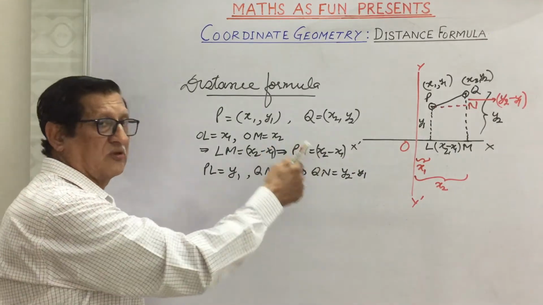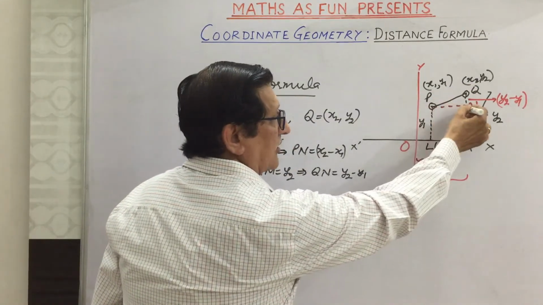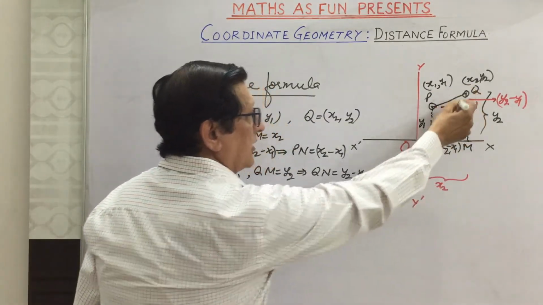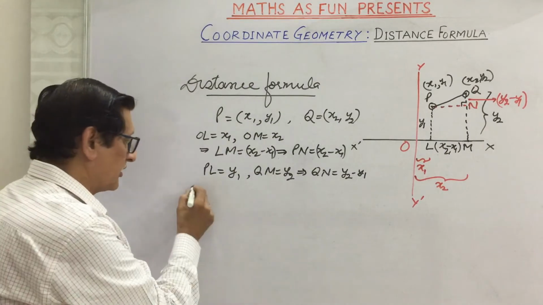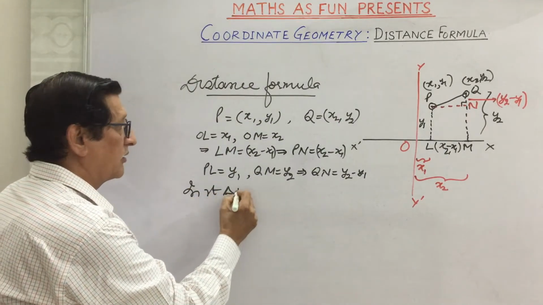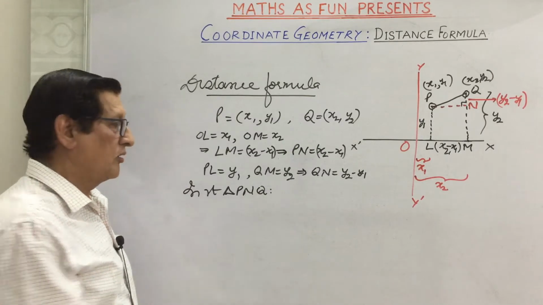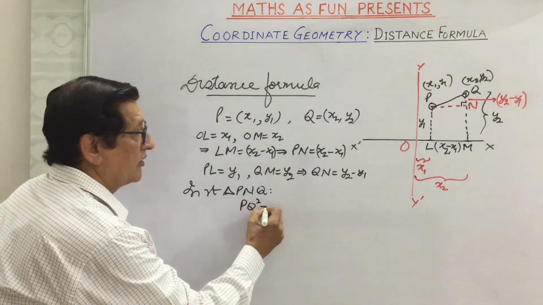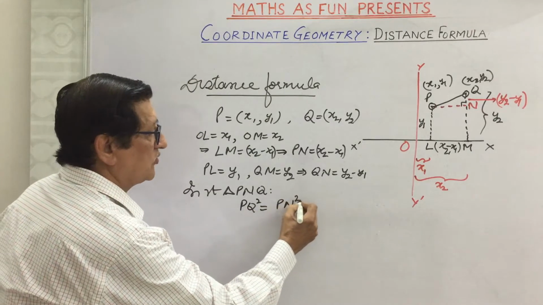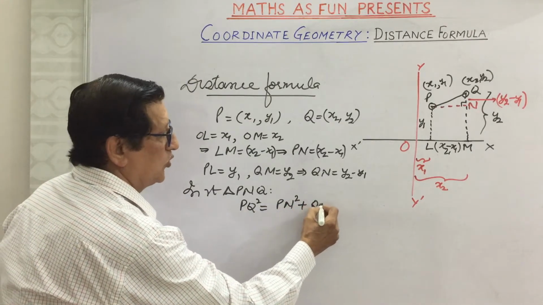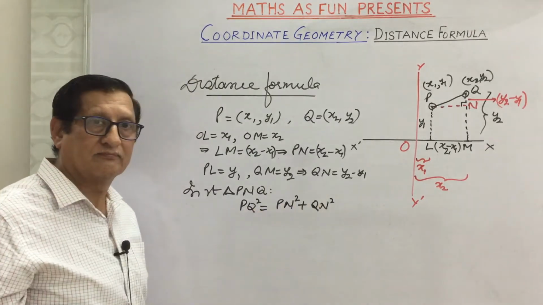Now we can make use of the Pythagoras theorem in this right angle triangle PNQ. So we can write in right triangle PNQ, PQ square is equal to PN square plus QN square, right?